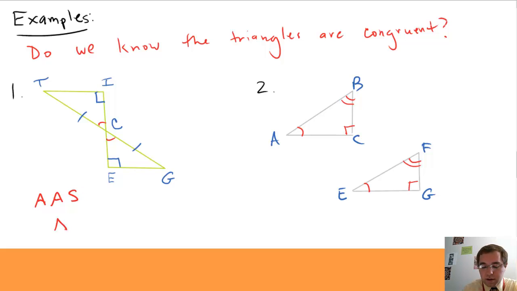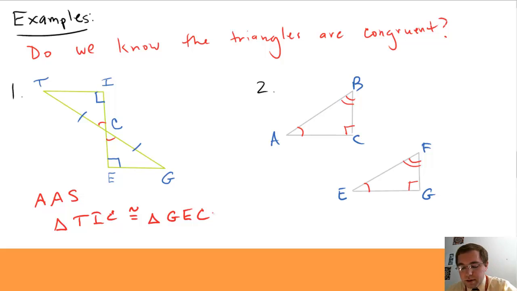We can say triangle TIC is congruent to triangle... What corresponds with T? It's angle G. What corresponds with I? That's our right angle E. And then C corresponds with itself. The triangle TIC is congruent to triangle GEC.